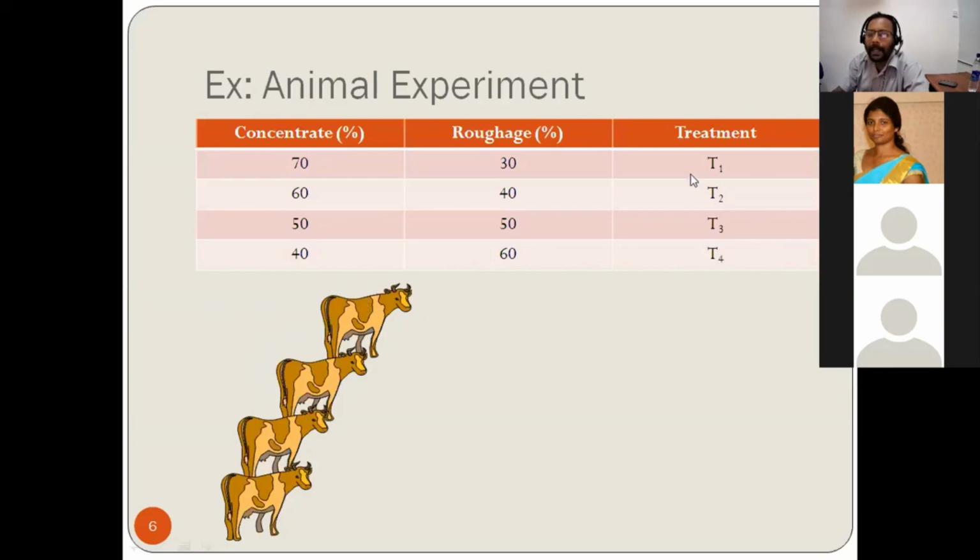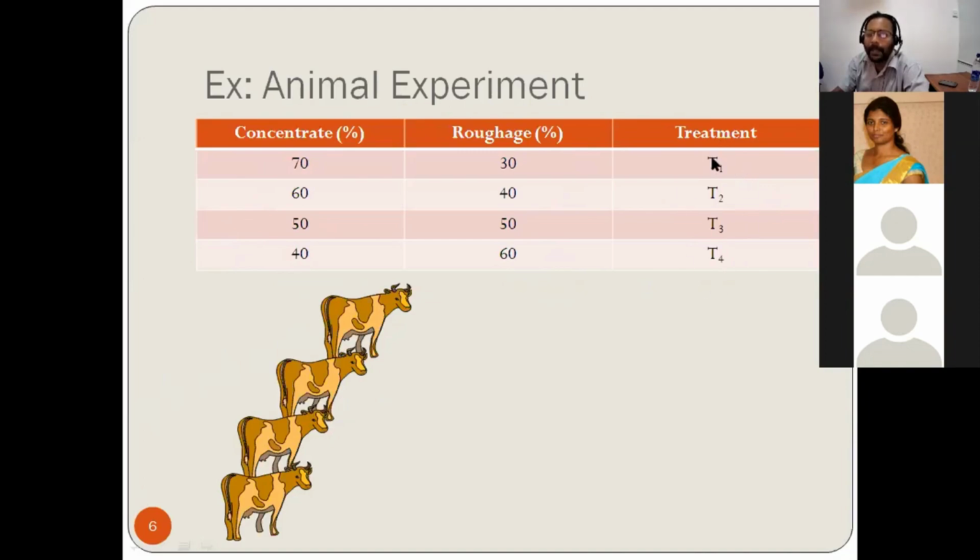If you apply this treatment to already genetically different material, the ultimate effect that we evaluate is not only due to this feed experiment, but also due to breed effects, isn't it? So in that circumstance, what is the best idea?